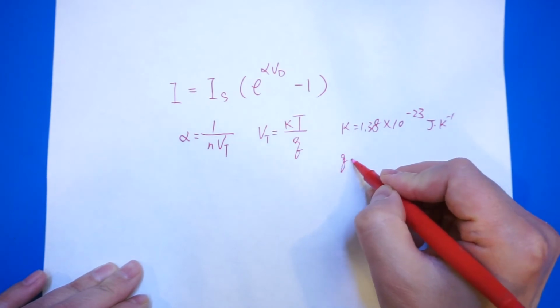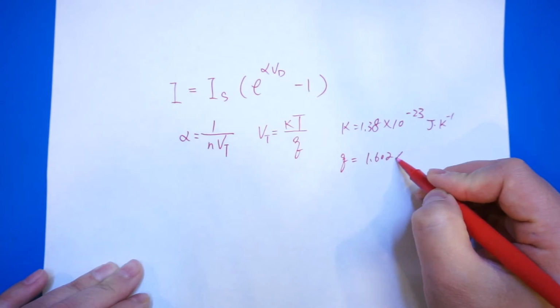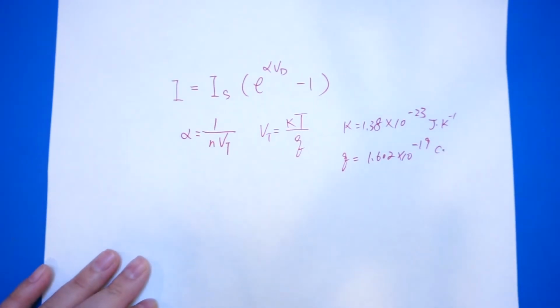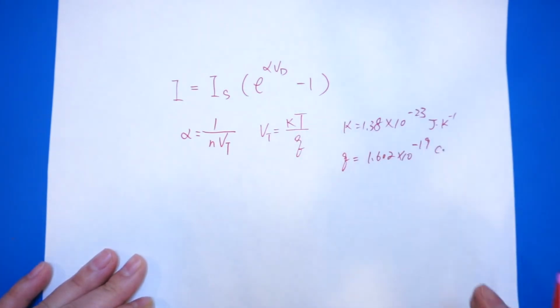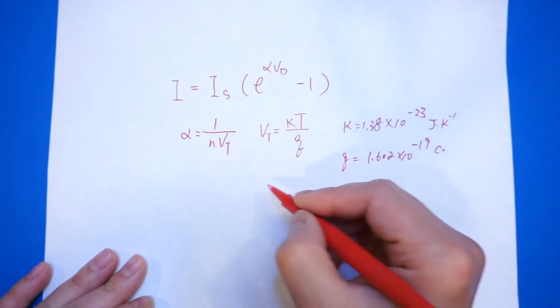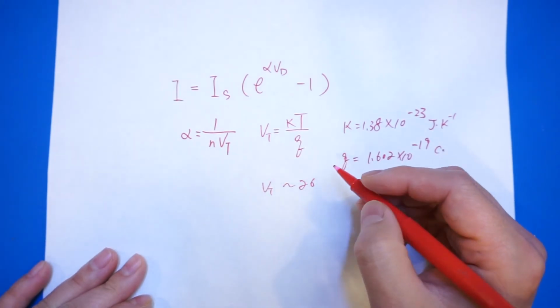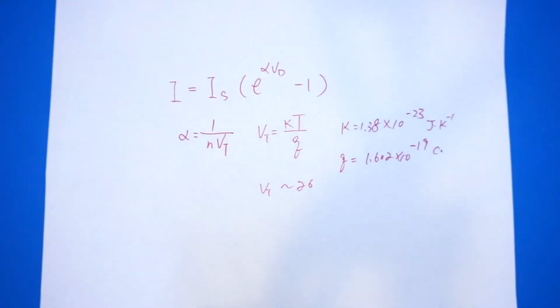And q is the standard charge of an electron, which is 1.602 times 10 to the minus 19 coulomb. Okay? So again, Vt is a constant, and at room temperature it is typically somewhere around 26 millivolts, which is around 300 kelvins.